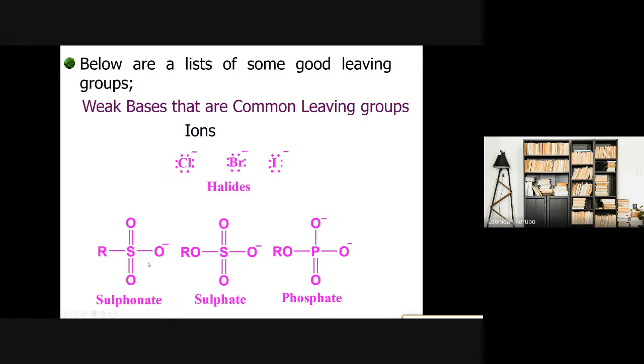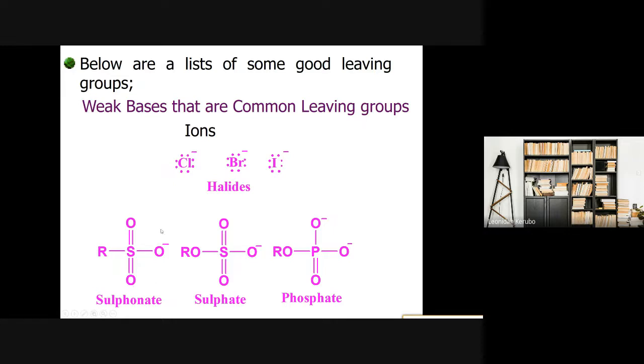So another thing you have to note with this category of leaving group is that these are very stable because of resonance effect. This negative charge can be used to form a pi bond, and when it forms a pi bond to this sulfur atom, what happens? The pi bond to either of the other oxygens breaks, and the two electrons now go to this oxygen atom.